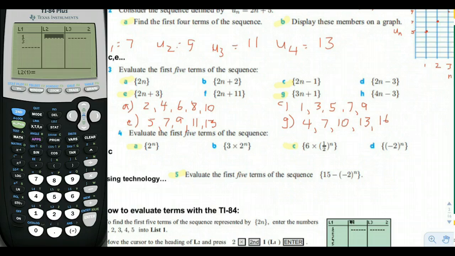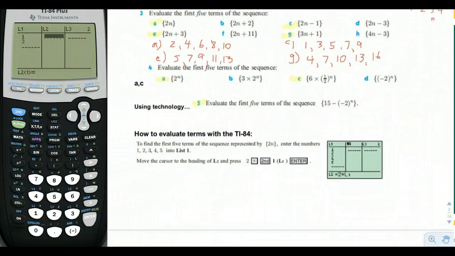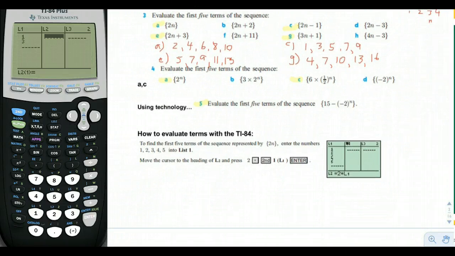Okay. Evaluate the first 5 terms of the sequence. So let's see, 2 to the n, that would be, 2 to the first would be 2, 2 to the second would be 4, 2 to the third would be 8, 2 to the fourth would be 16, and now we can kind of see the pattern, right? C. The first one would be 6 times 1/2 to the first, that would be 3.